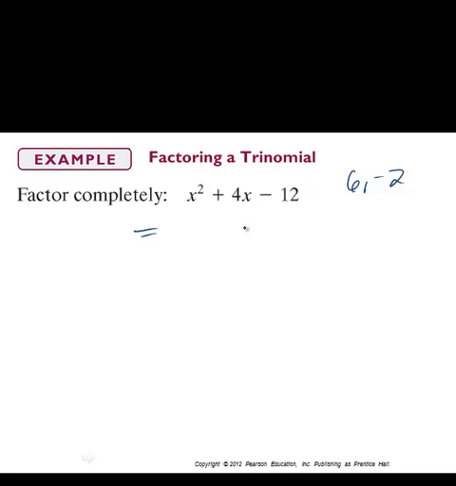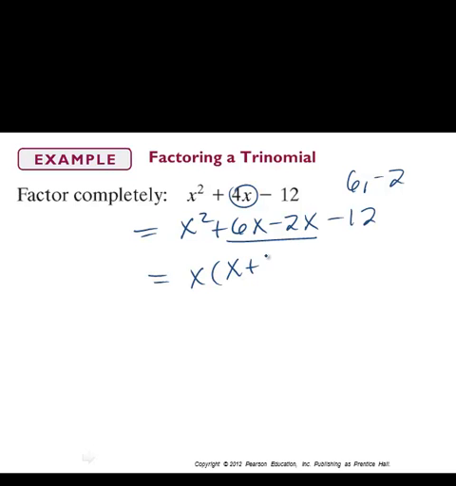So let's go ahead and rewrite the polynomial x squared plus 6x minus 2x minus 12. So again, I just rewrote the 4x here as 6x minus 2x. Now, factor out an x from this x squared plus 6x, because x is what's common between those two terms.